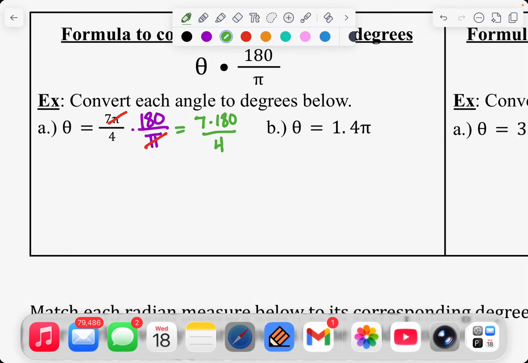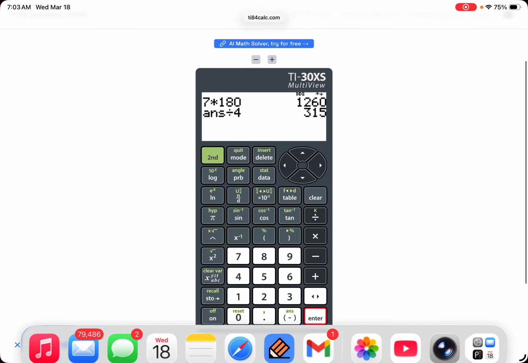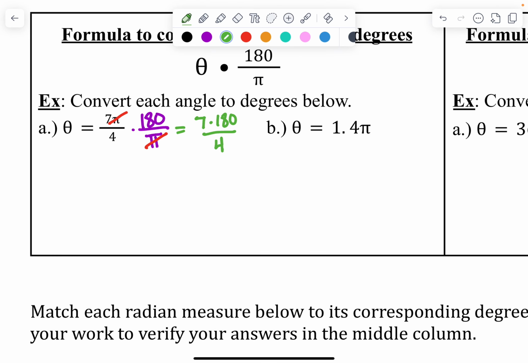So if we go over to our calculator, 7 times 180 from the top divided by 4 on the bottom means that that angle is the same as 315 degrees.